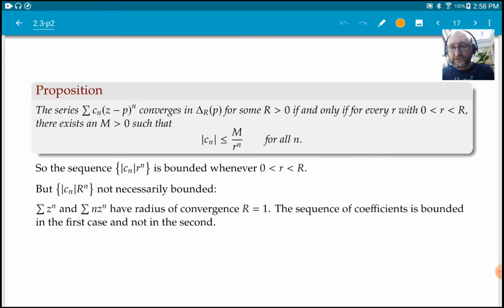However, the sequence of coefficients, capital R is 1 here. So this would be just the sequence of moduli of the coefficients, and they're all positive. In the first case, they're all 1, so they're bounded, and in the second case, they're n, so they go to infinity. So they're not bounded.